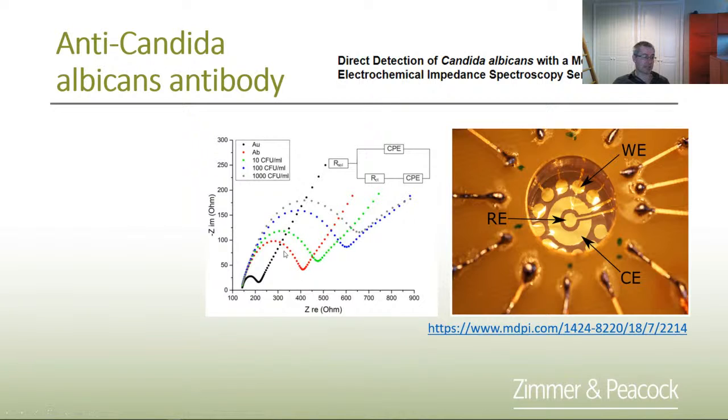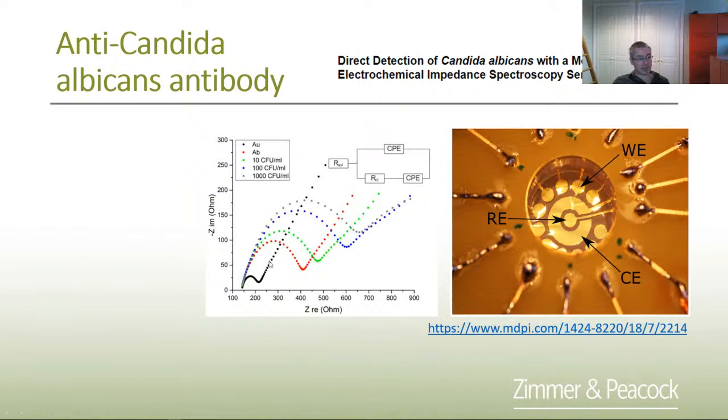Then as they add in the pathogen at 10 CFUs, that's 10 colony-forming units per milliliter, 100 CFUs and 1,000 CFUs, you can see that this circle increases and increases. The reason for that is most likely that there's an element, and this here is called the equivalent circuit.